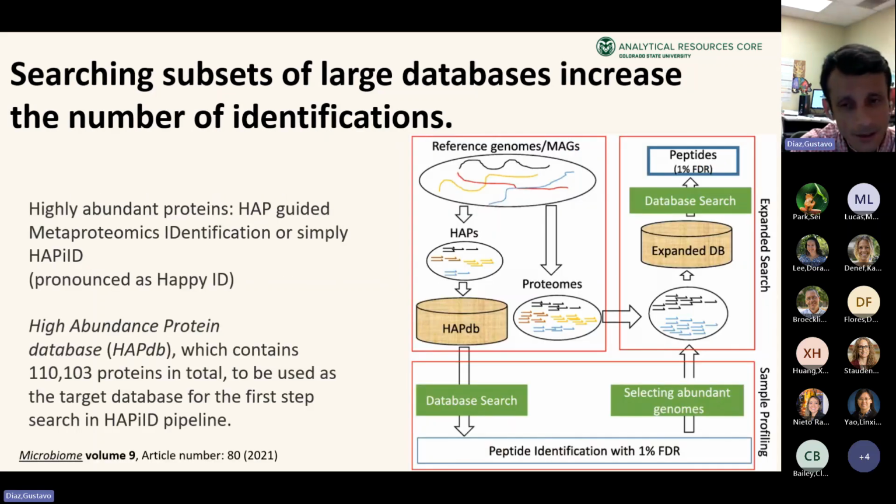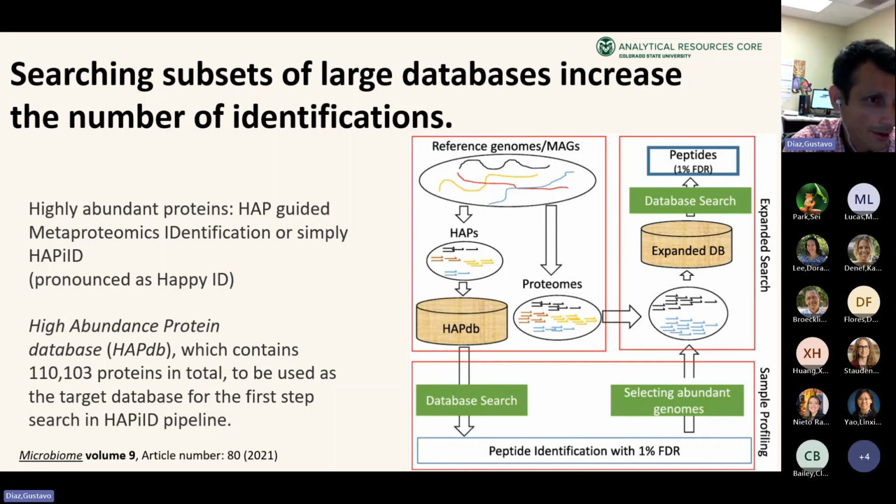Another approach to create subsets of large databases to increase the number of identifications in metaproteomics studies is based on the rationale that if a microorganism is present in my microbiome, it is very likely that we are able to find highly abundant proteins in the sample.